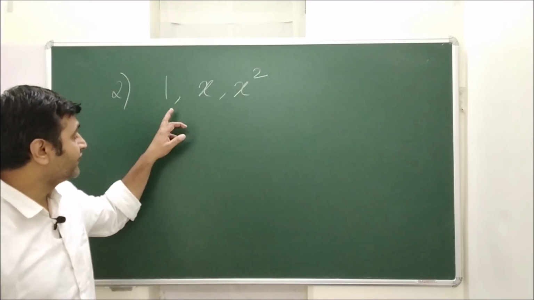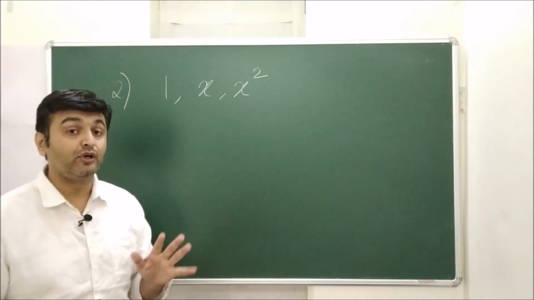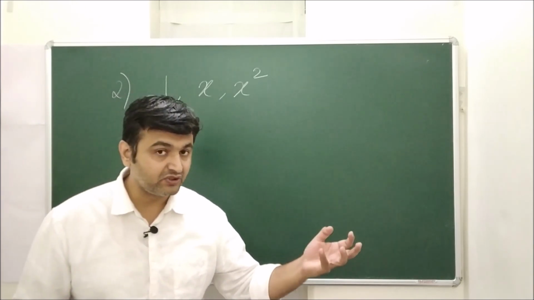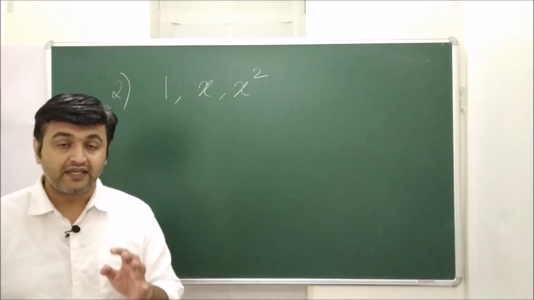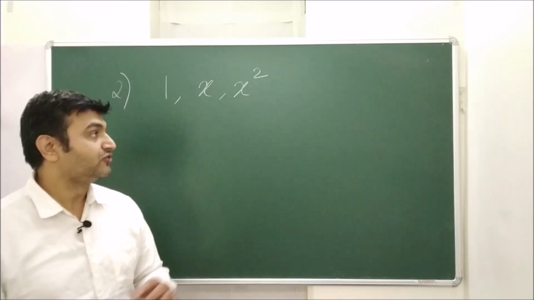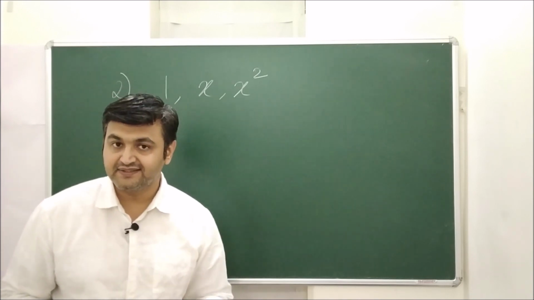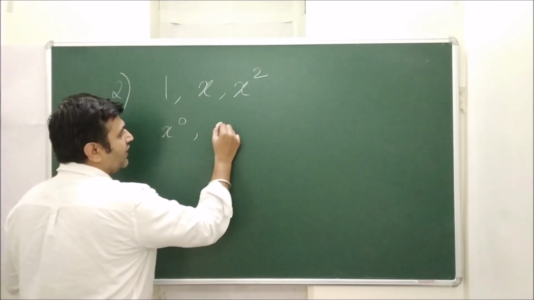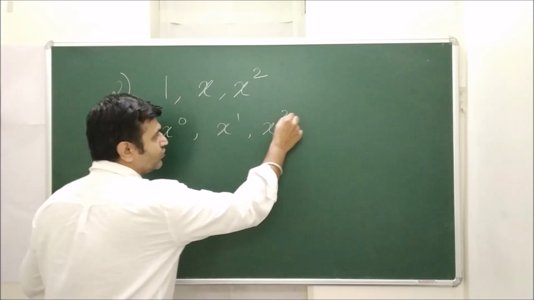So here the functions are 1, x and x square. Polynomials are coming. For constant coefficients, you have exponentials in the picture. For Euler Cauchy, you have x raised to something, that means polynomials in the picture. So when you see polynomials, your first guess should be that this is x raised to 0, x raised to 1 and x raised to 2.